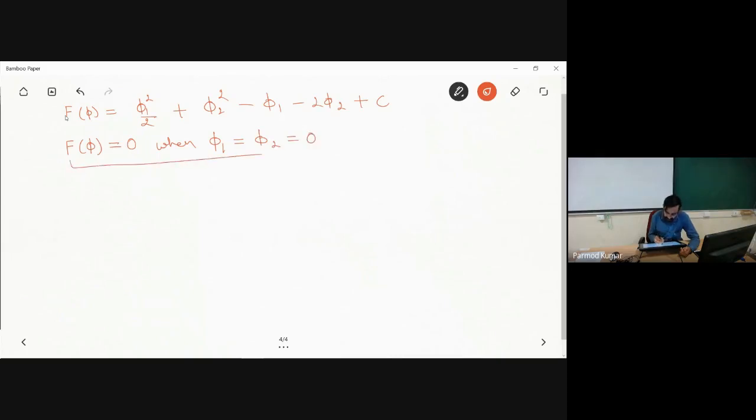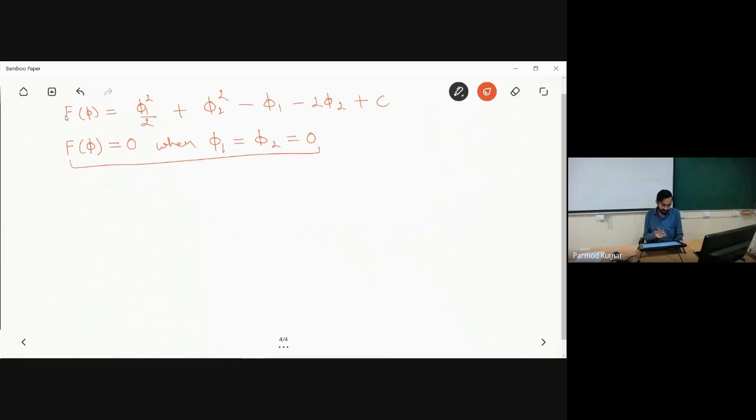I can take this as any condition. So I have taken the condition that when phi 1 and phi 2 are equal to 0, at that point the function f of phi has value equal to 0.